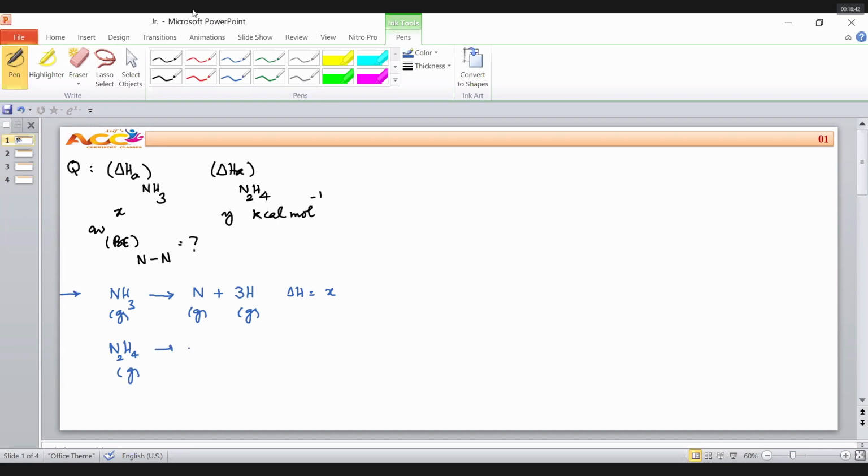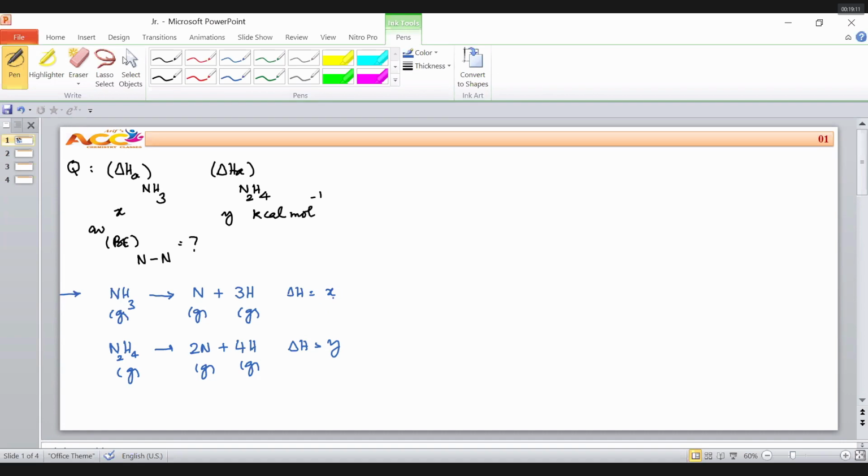It will give you 2N plus 4H atomization, right? If you have this situation, then del H is equal to Y kilocalories per mole. Now suppose you are calculating del H1, what is del H1? This is X.